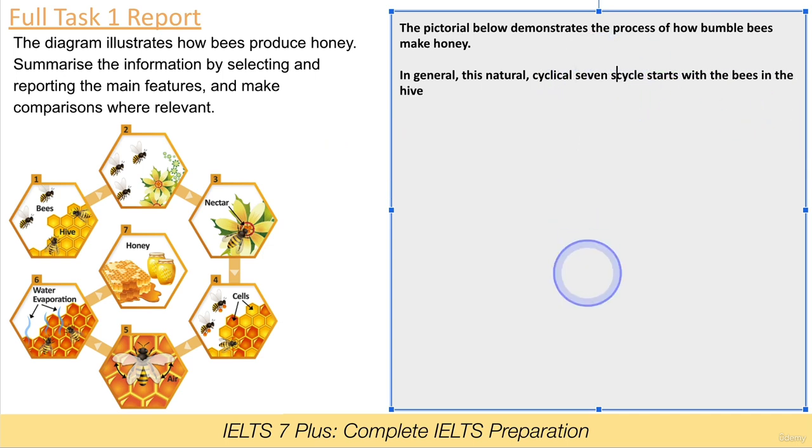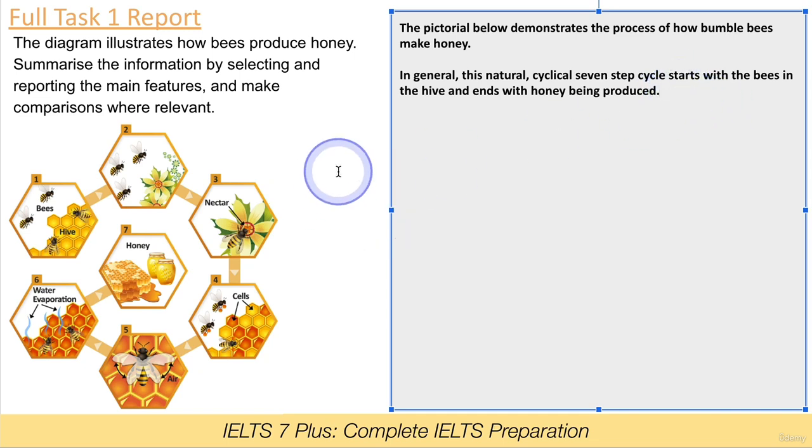Cyclical 7-step cycle starts with the bees in the hive and ends with honey. Again, I think we don't need to overcomplicate this. Maybe we could say honey being produced. There we go. I think that's good.